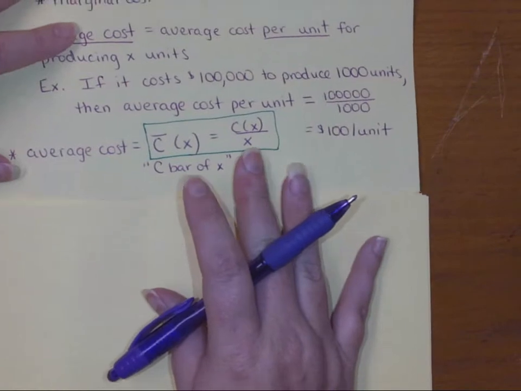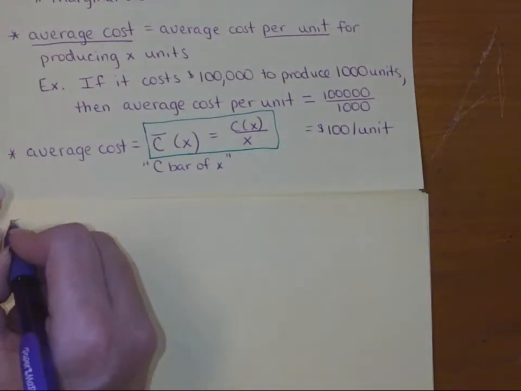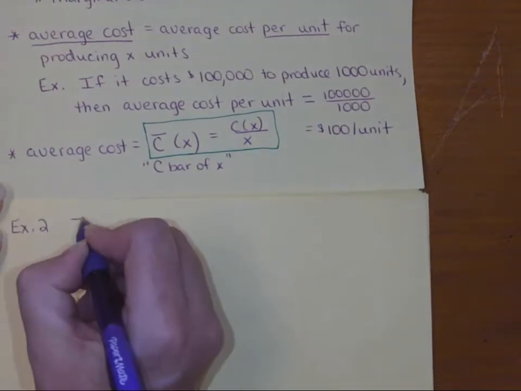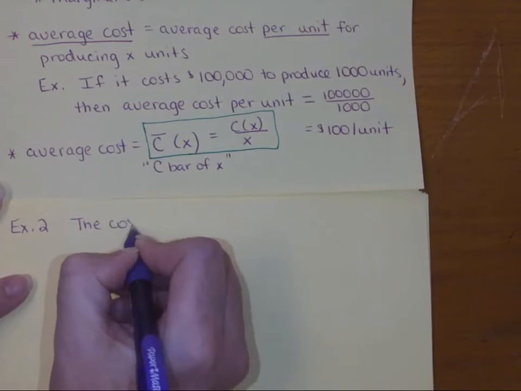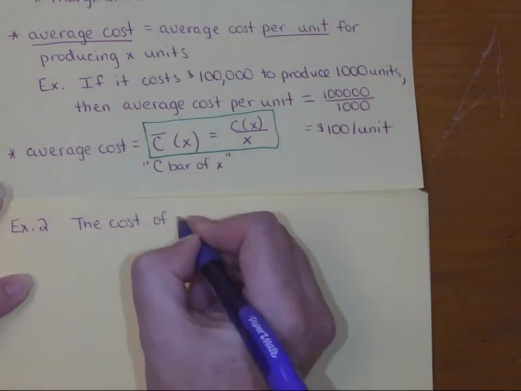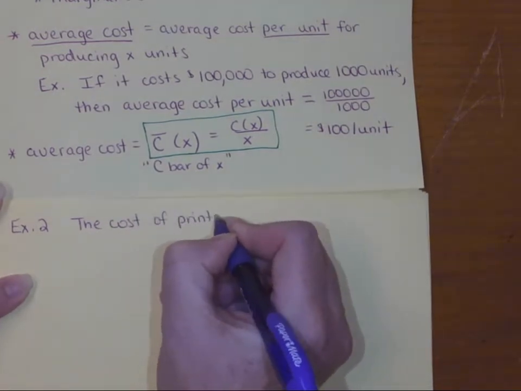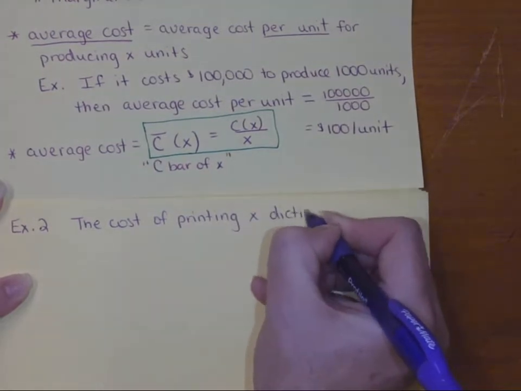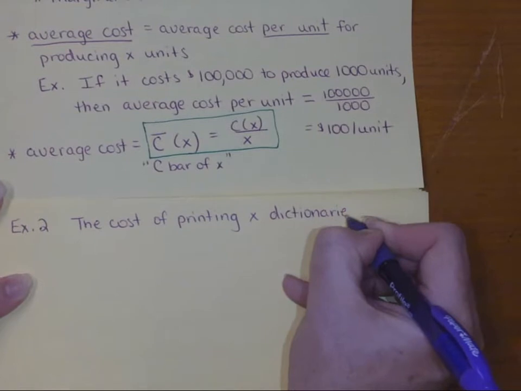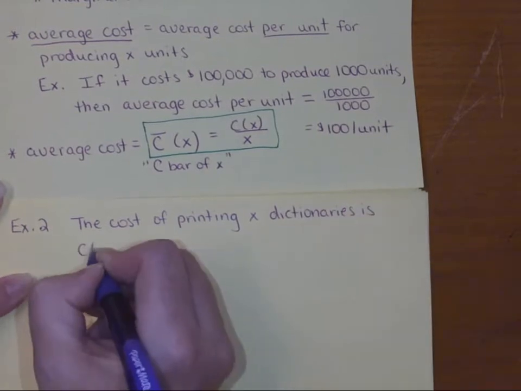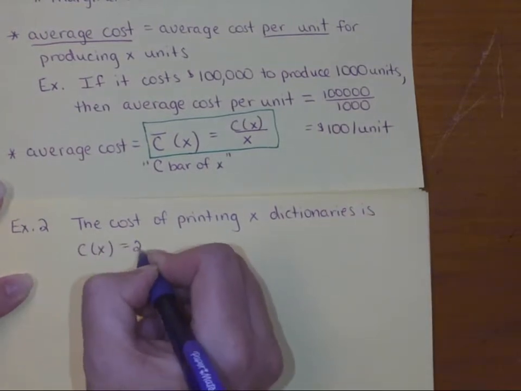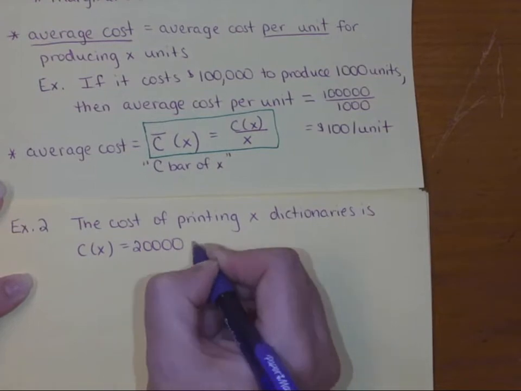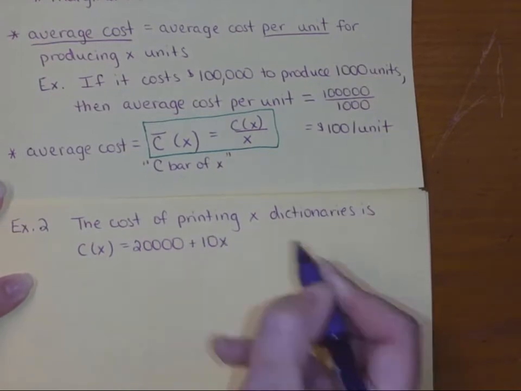Okay, let's look at another application problem. Let's say that the cost of printing X dictionaries for some company is C of X equal to 20,000 plus 10X.